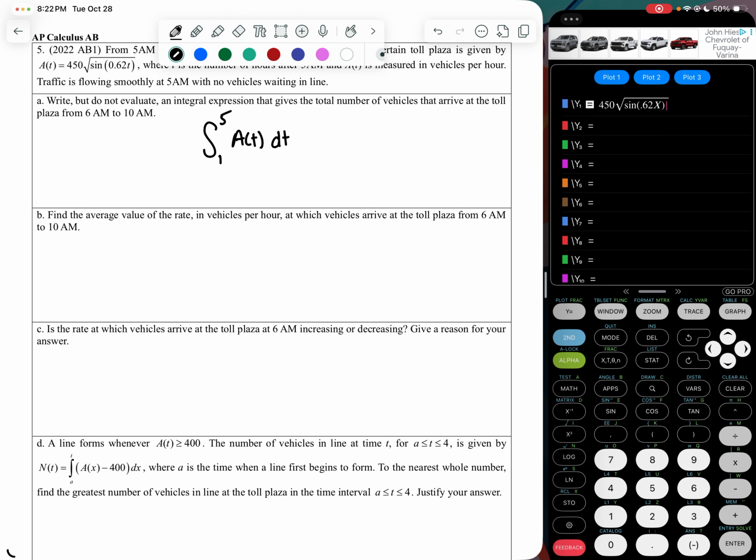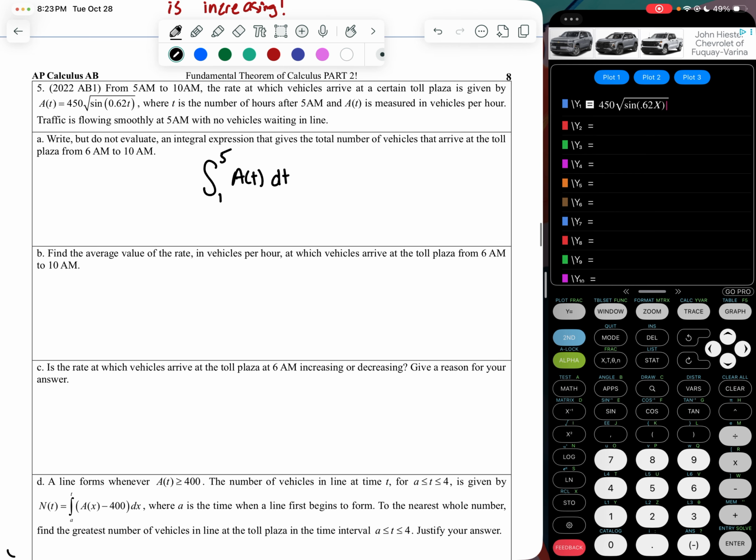Part B says find the average value of the rate in vehicles per hour at which vehicles arrive at the toll plaza from 6 a.m. to 10 a.m. This is where we need to think about what it's asking us. It's talking about finding the average value of the rate in vehicles per hour, which means that our unit needs to be in vehicles per hour.